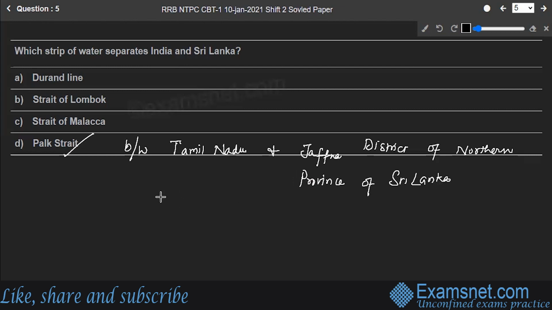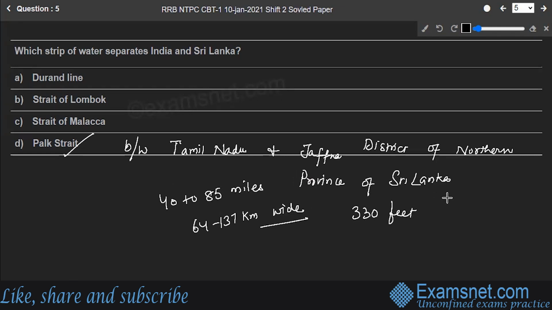The strait is 40 to 85 miles, which is about 64 to 137 kilometers wide, less than 330 feet, which is about 100 meters deep.